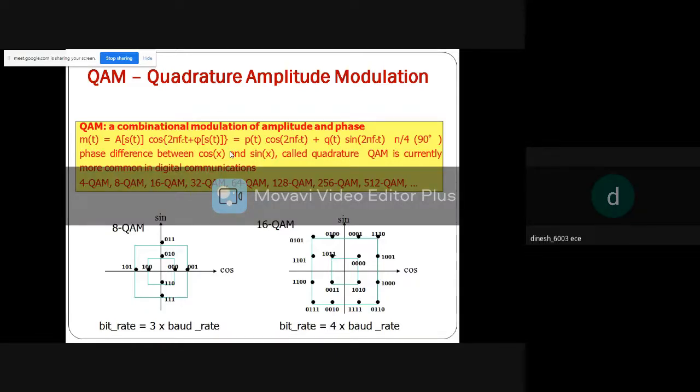If we have a 3-bit baud rate, we will be using an 8-QAM. So 2 power 3 is equal to 8, so we get 8 points.